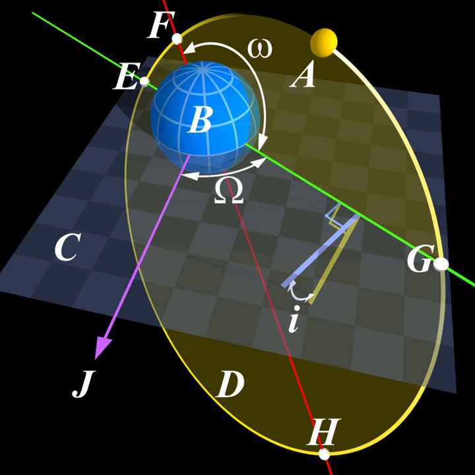Kepler's first law states that the orbit is described by the equation p over r equals 1 plus epsilon cos theta.